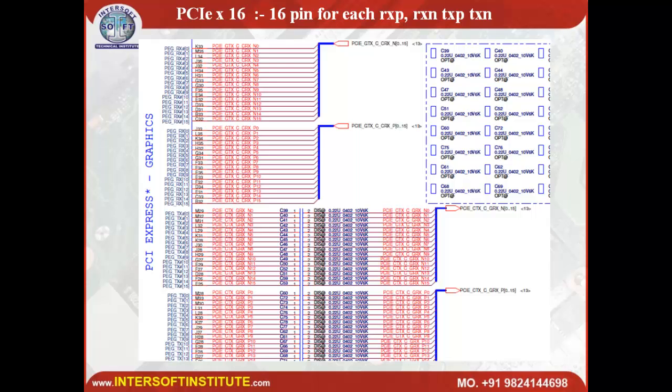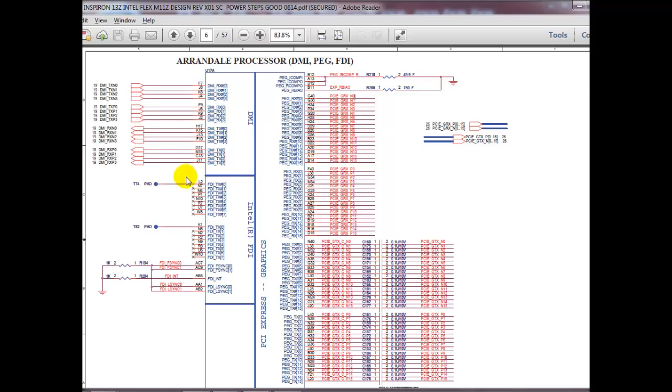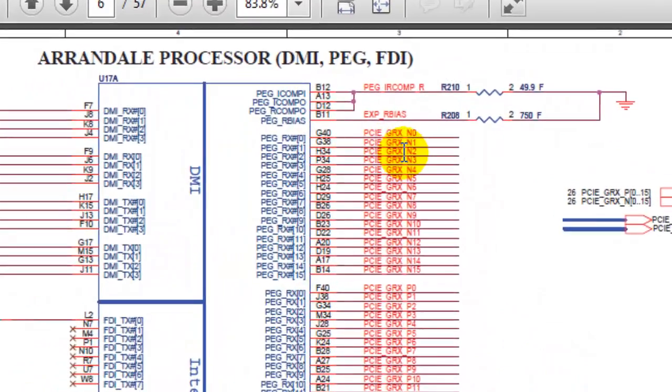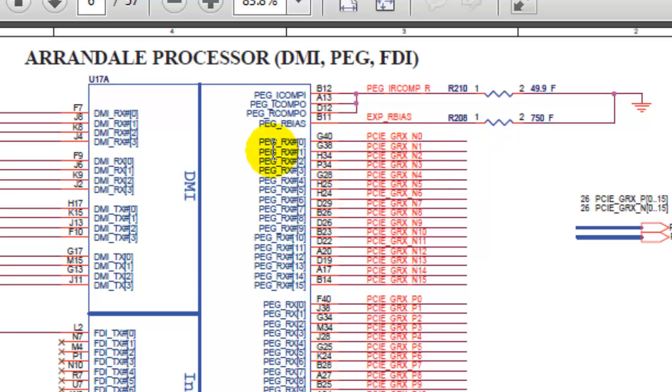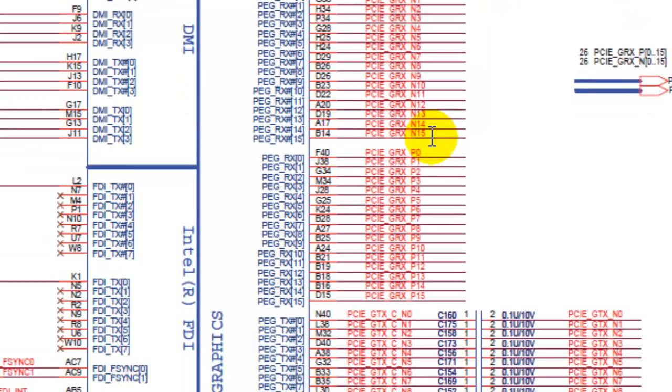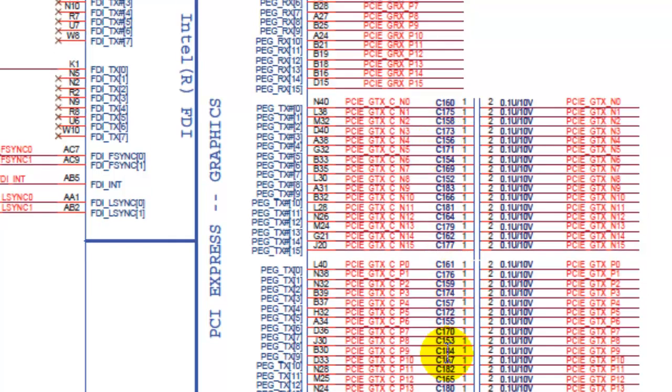In a graphic chip, we will show you the graphic chip connection, that will be like this, PCI Express. This is your motherboard, Dell Inspiron 13Z. Here you can see the PCI Express connection, RX, TX 16 bit.